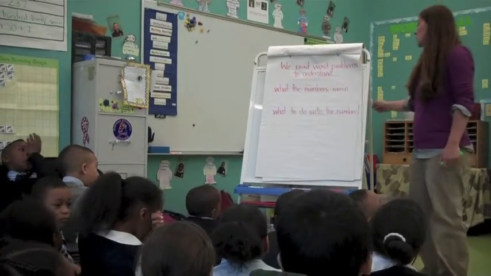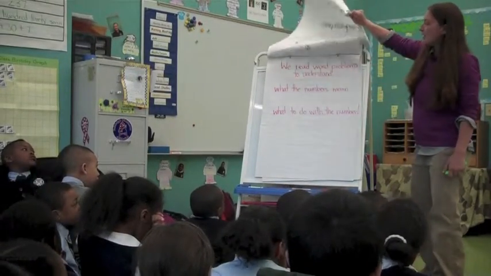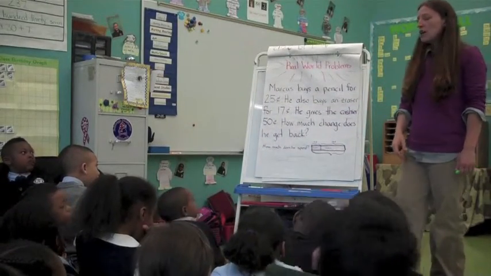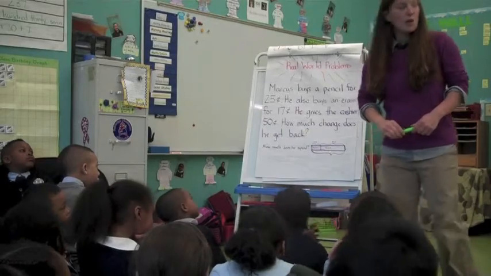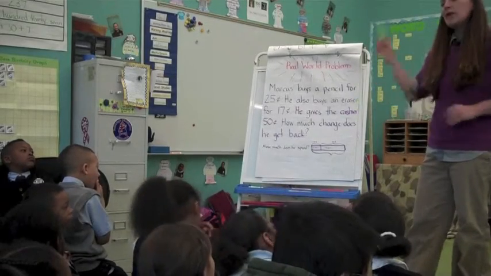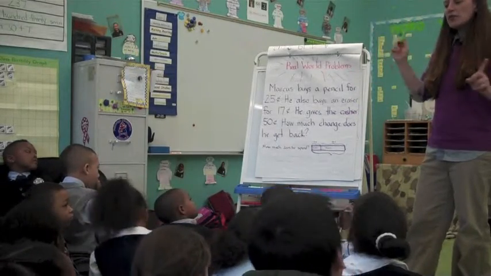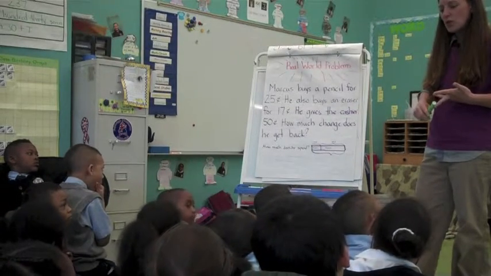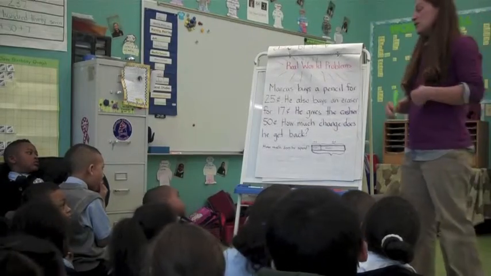Okay? So let's go back and look at our real world problem. I'm going to start reading and I want you guys to join in and read with me, but I want you to be thinking about those two parts. What do these numbers mean and what are we doing with the numbers? So you guys can read with me.